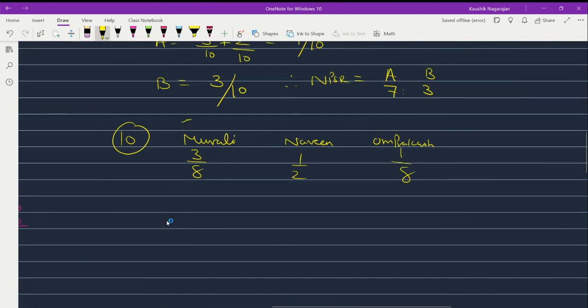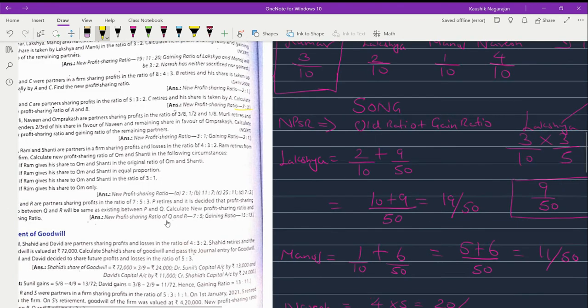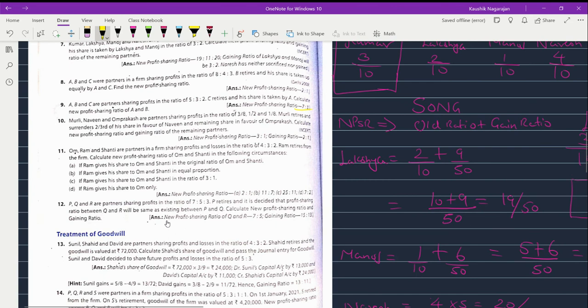It was said in the question that partner Murali is retiring from the firm. It was mentioned that Murali retires, and the word used here is surrendered. So that means Murali has surrendered a portion of his share in favor of Naveen and the remaining in favor of Om Prakash.